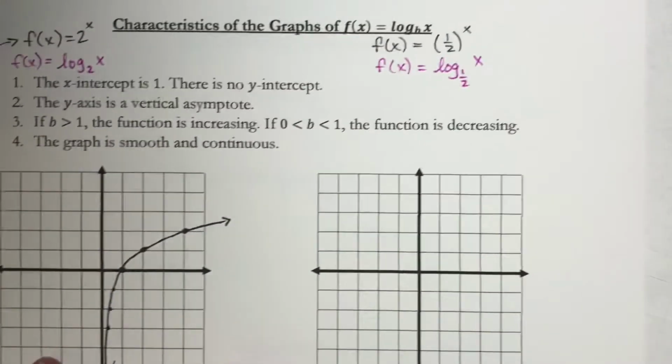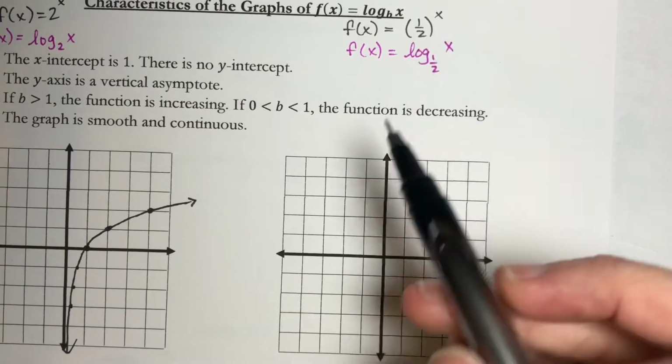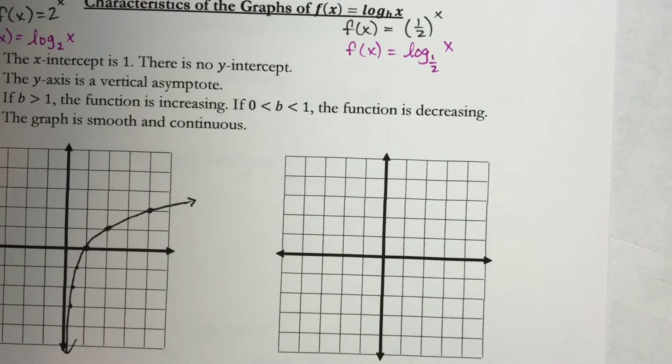Okay, now the same type of thing happens when our exponential has a base that is less than 1 but greater than 0.